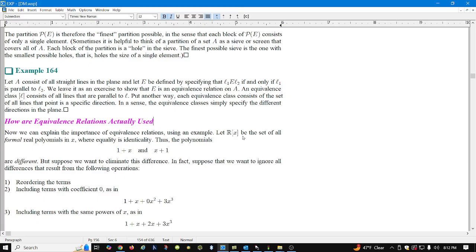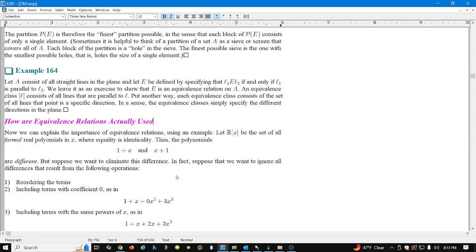So these are formal expressions. We've been through this before. 1 plus x and x plus 1 are different formal polynomial expressions. Equality is identicality. So these two polynomials are different as formal expressions.